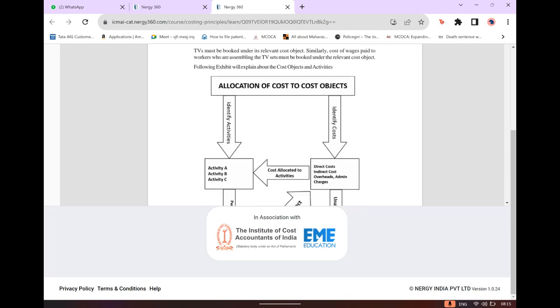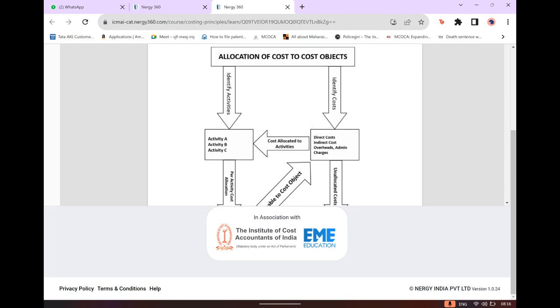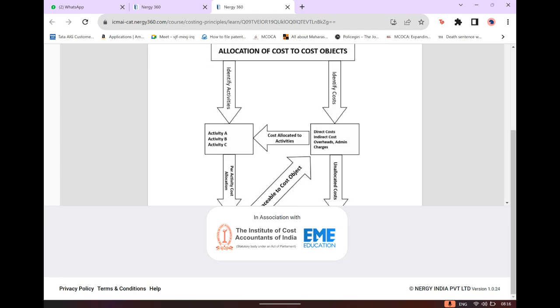So allocation of cost to cost object. You have identified the activities and then you have identified the cost. Activities can be A, B, C. Cost can be direct material, direct labor, administrative overheads, and all that. This cost you are allocating to the activity. To activity A, how much do I allocate? Activity B, how much? Activity C, how much?